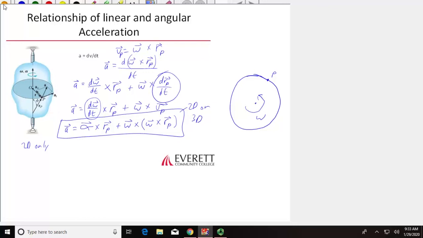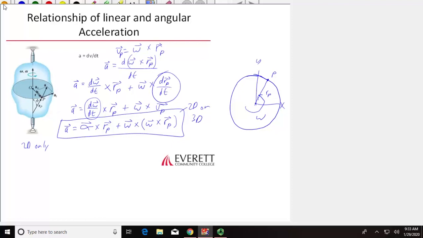The right-hand rule says use your fingers to show the direction P is going. The direction of omega is your thumb. Just like a moment, when you learn moments in statics. So if we have an xy plane, let's say this is x and this is y. We've got our r_P going out this way. What direction is omega in? Out of the page, which would be z, right?